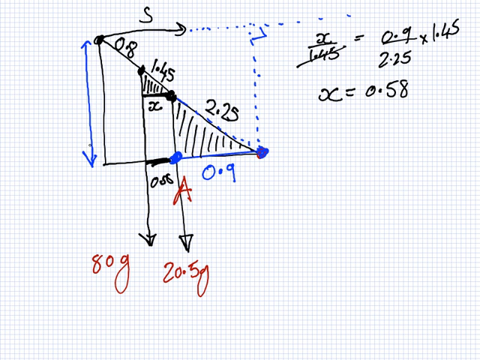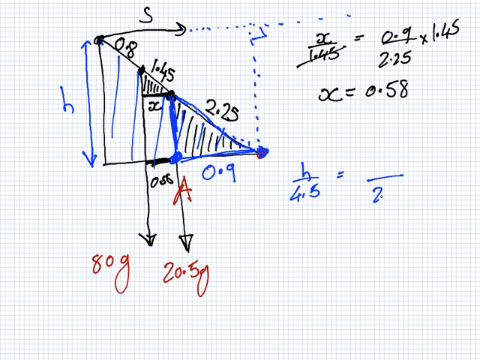But once again, we can use our trick, because this full triangle is similar to any of these little triangles here. So let me just call this h, and how long is the full ladder? 4.5. So I could say h over 4.5, oh no, we don't know, we would need to work out this height here, over 2.25.